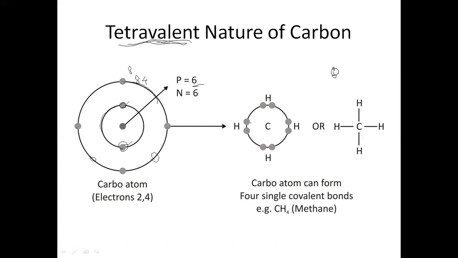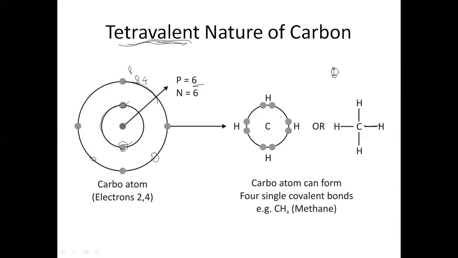It will take 1 electron from carbon. In this way, 4 hydrogen atoms will each take 1 electron from carbon. Now carbon and hydrogen both are stable, because carbon needs 4 electrons and each hydrogen needs 1 electron.